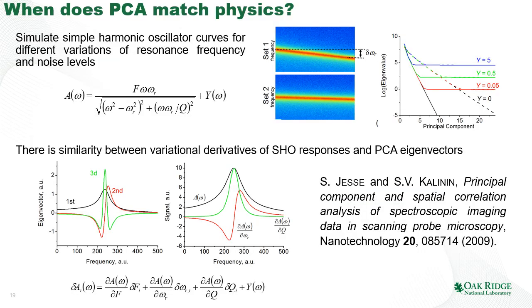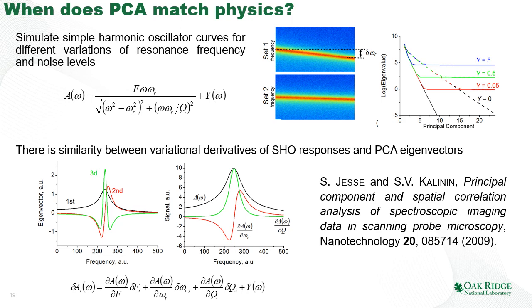Now, does the PCA match physics? And the answer is generally no, but there are some cases when it does. This is the example of the principal component analysis as applied to band excitation scanning probe microscopy. So band excitation SPM basically measures the full amplitude frequency curve of the cantilever.